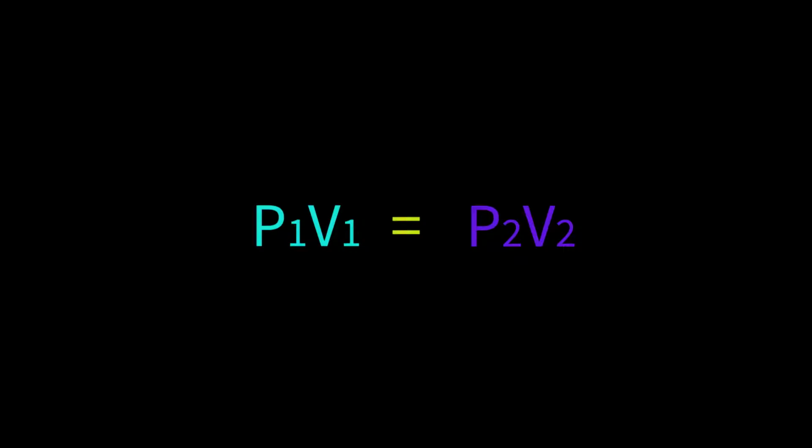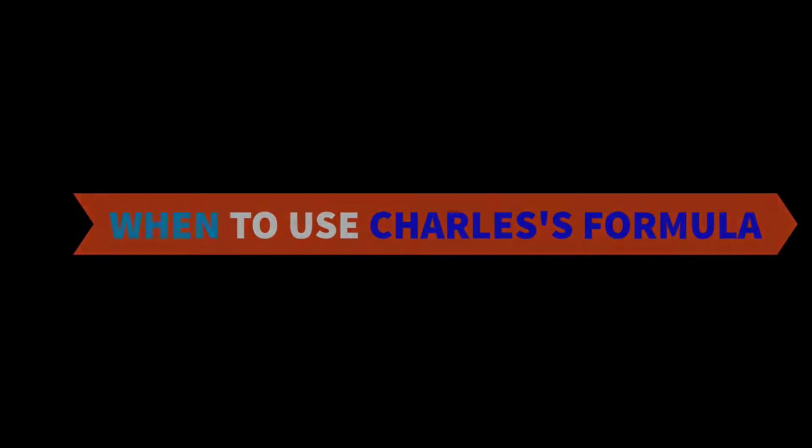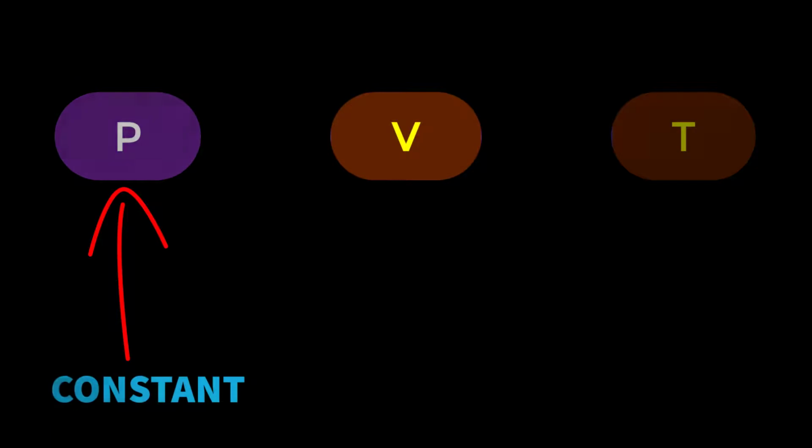Now we will learn when to use Charles's formula. The variables P, V and T are also needed for this formula. In this formula, V and T will be changed, but P will remain unchanged. That means P will be constant for this formula.